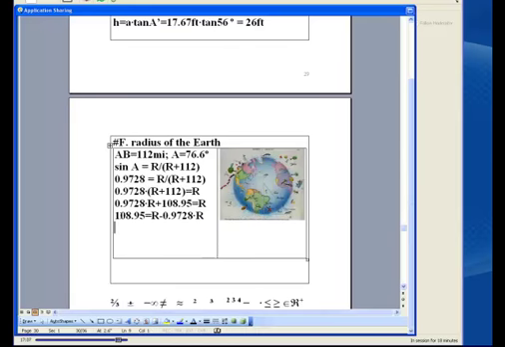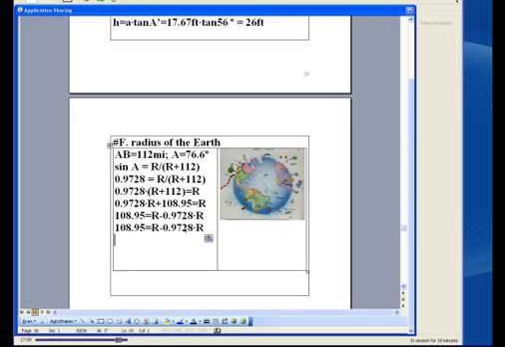So we're going to come up with 108.95, and then 1 minus 0.9728. And again, I'm going to try to use actually the original 1 minus sine of 76.6 degrees. So we're going to come out with 108.95 equals 0.02722 times r.